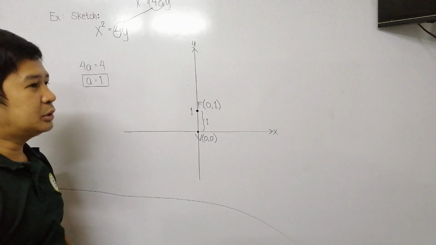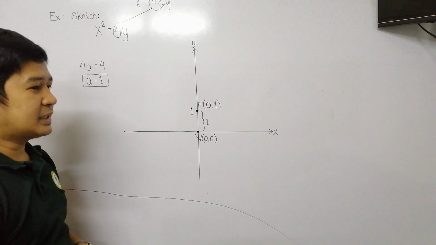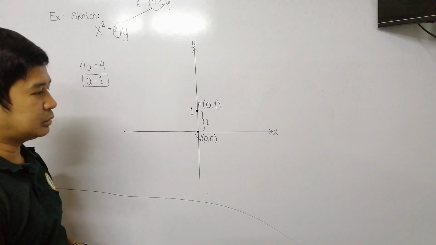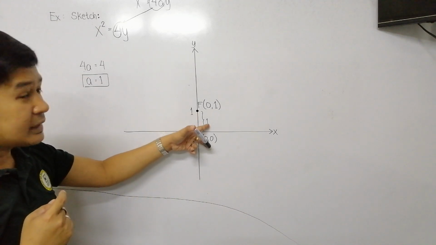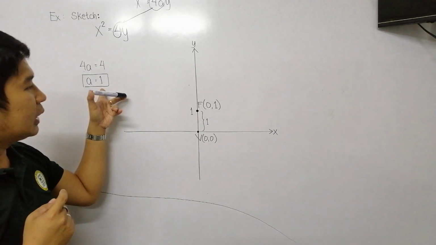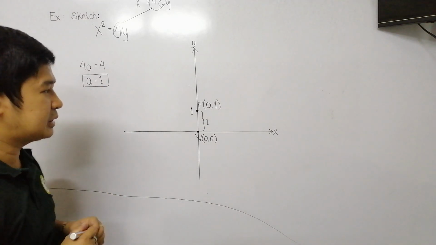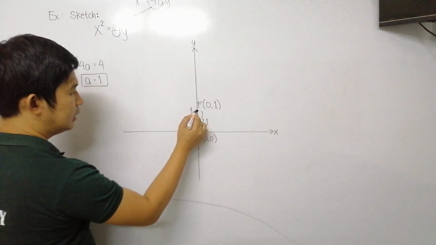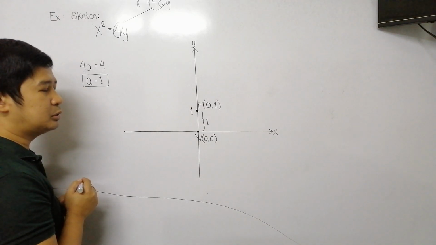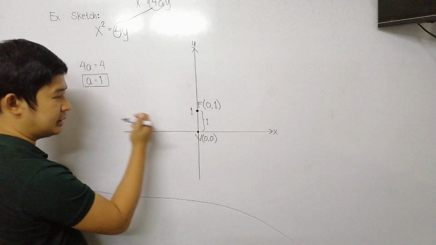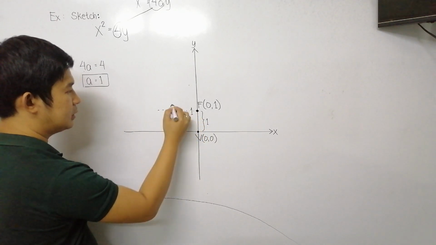So this is now the coordinates of our focus for this given standard equation. Now, mamaya na natin i-draw yung mismong curve after natin ma-determine yung mga necessary points like endpoints of the latus rectum. So, as you can see, from vertex to focus, that is A, which is equal to 1. Let us now identify first the two endpoints of the latus rectum. Let us first identify the coordinates of the endpoint of the latus rectum at the left, at this side. So, coming from here, we will move 2a.